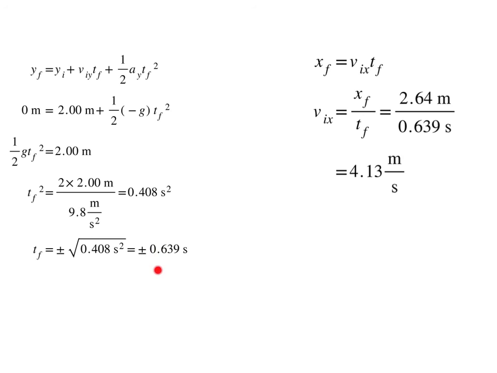Again, we only take the positive root, even though we get both of these. And the distance it travels is the initial speed times the time. I know how far it traveled, which is 2.64 meters. I know how long it took. So the initial speed must have been 4.13 meters per second. These are the two kinds of problems that are easy to imagine might be asked.